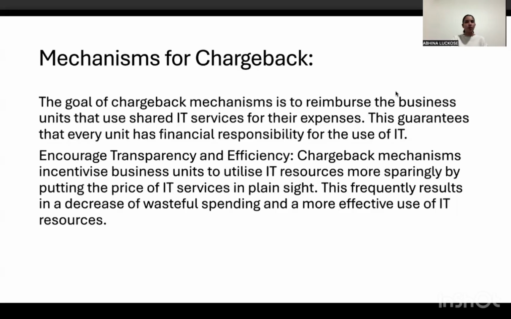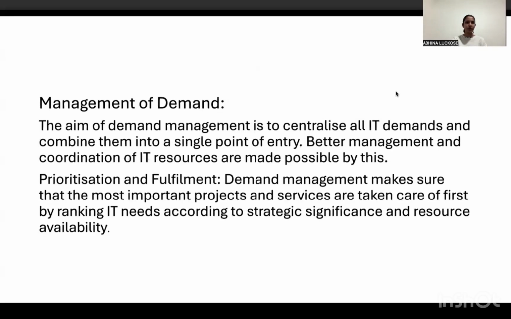The next one is encouraging transparency and efficiency. The chargeback mechanism incentivizes business units to utilize IT resources more sparingly by putting the price of IT services in plain sight. This frequently results in a decrease of wasteful spending and a more effective use of IT resources.